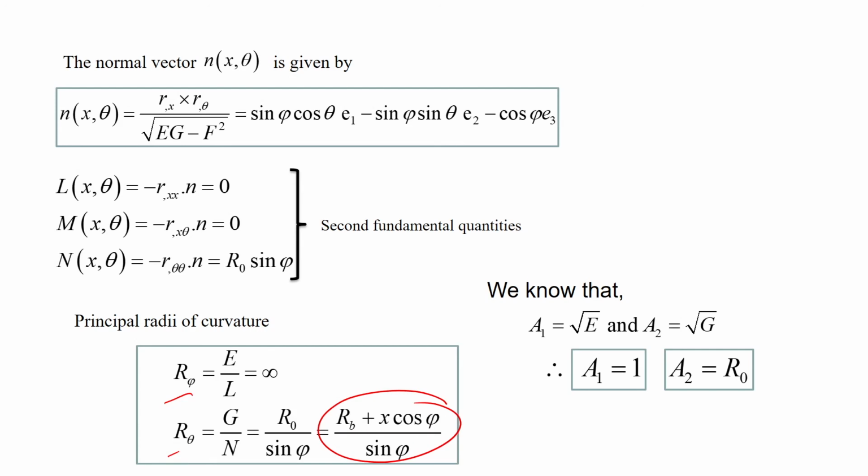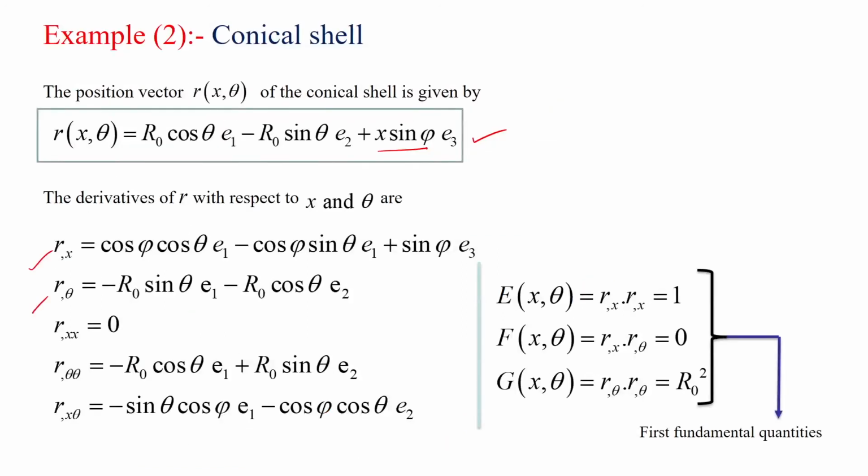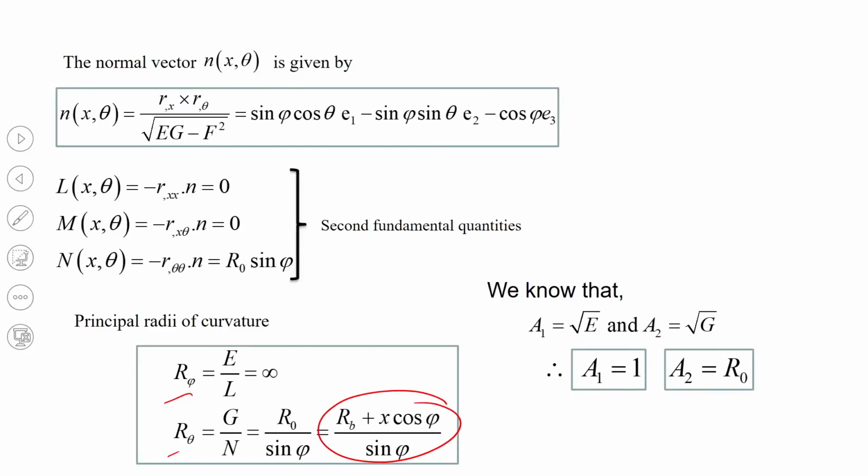The purpose of discussing these things here is that if the position vector is given to you, you can find out the Lame parameters and r phi and r theta. These are very important for developing the shell theory; we must be aware of what r phi and r theta are in terms of the curvilinear coordinate system and what the Lame parameters are.